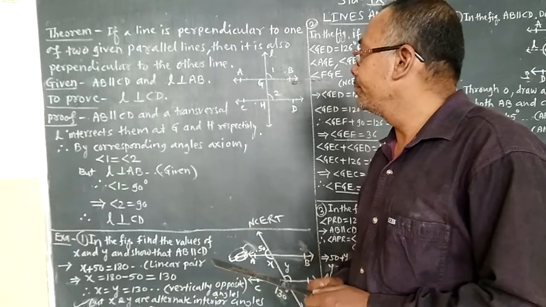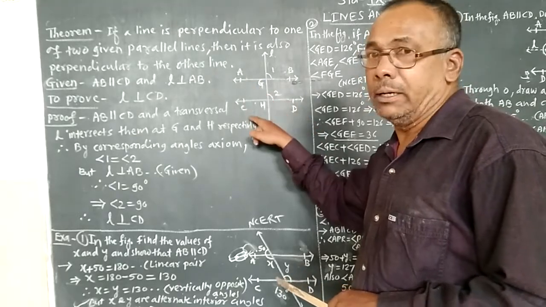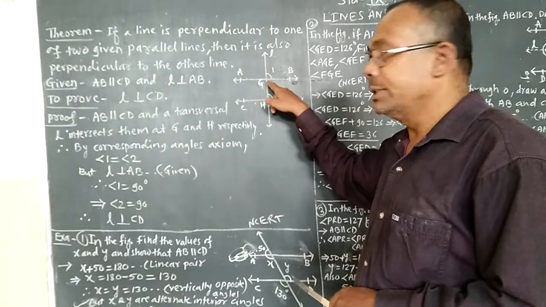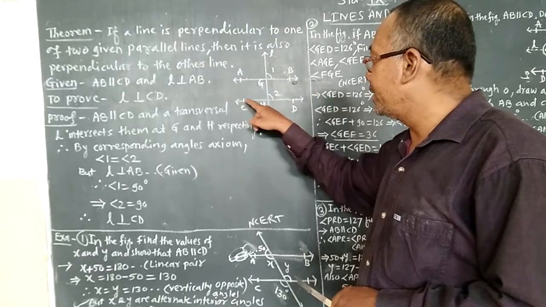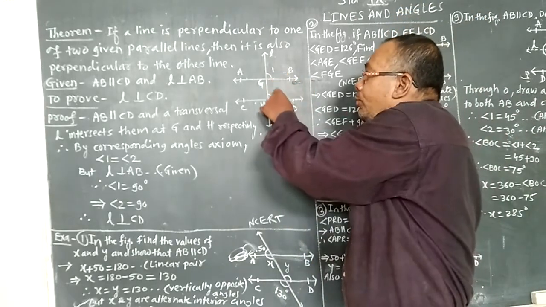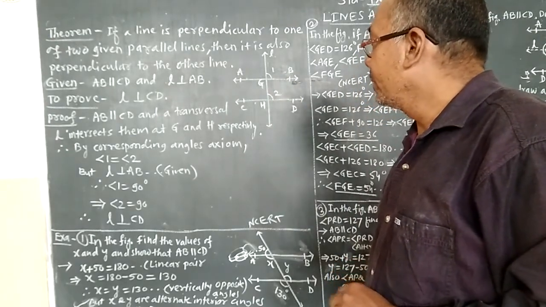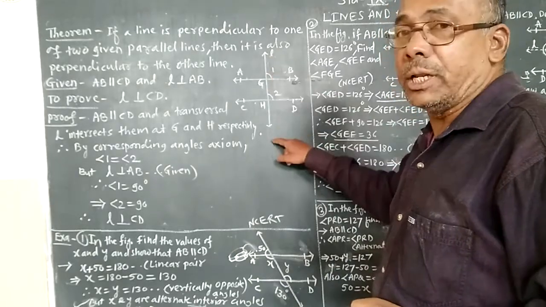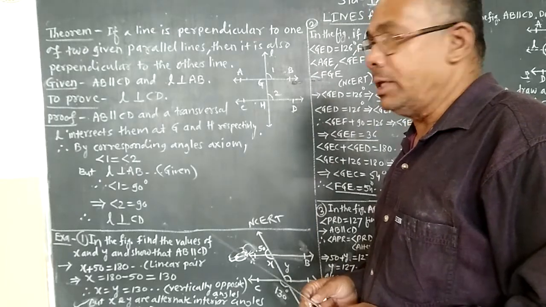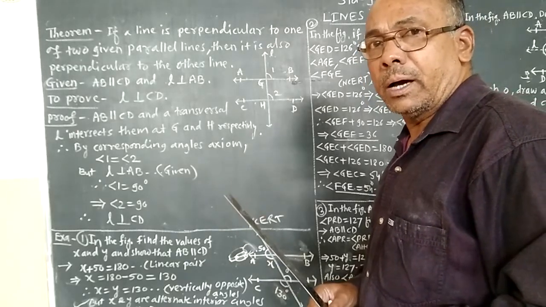Now for this theorem, draw the figure, that is AB and CD, these two lines are parallel, and the transversal L intersecting AB at G and CD at H. Here angle 1 and angle 2 are drawn, and we know that if a transversal intersects two parallel lines, then the corresponding angles formed are always equal.